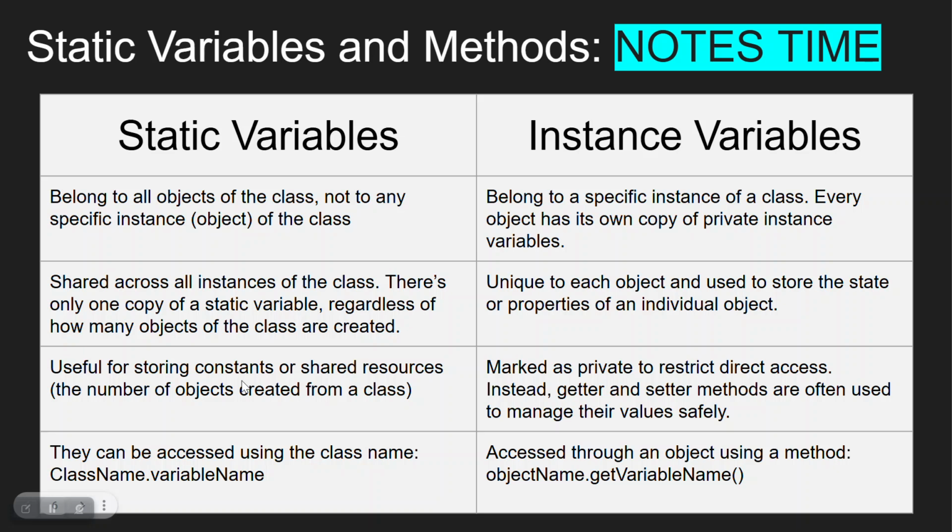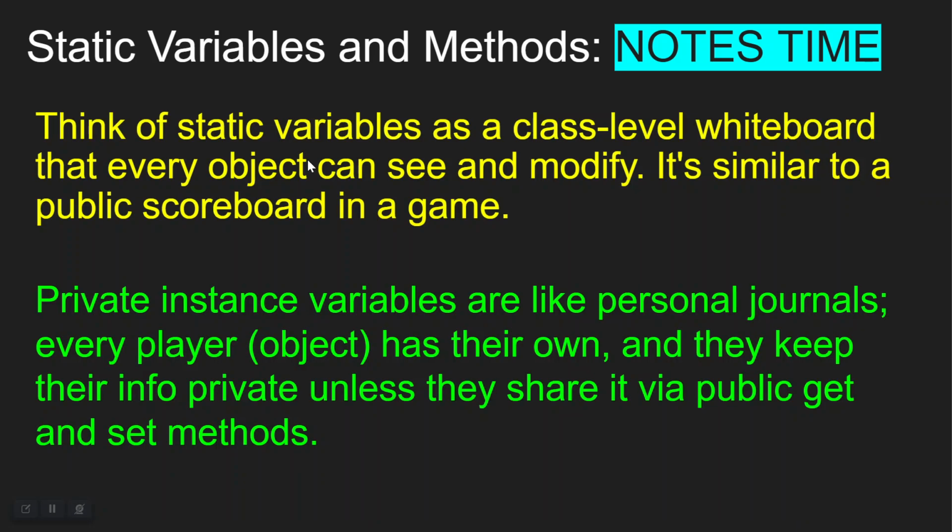You'll see them in either case, and it depends on what the variable is designed to do, but very often static variables are labeled as public. Finally, static variables can be accessed using the class name, so it would be the class name dot variable name, whereas instance variables can only be accessed through a get method, so it would be object name dot get variable name. There are definitely quite a few differences between static variables and instance variables.